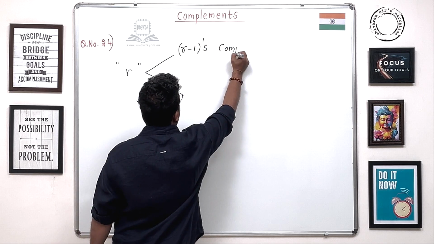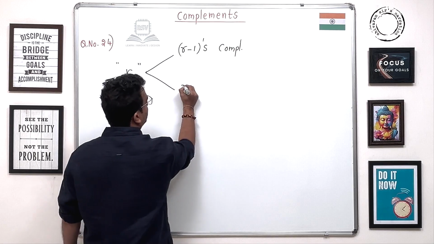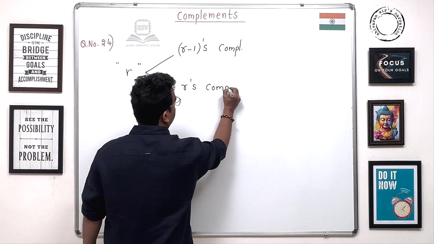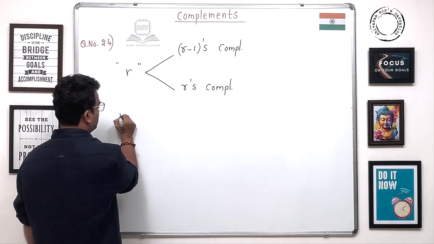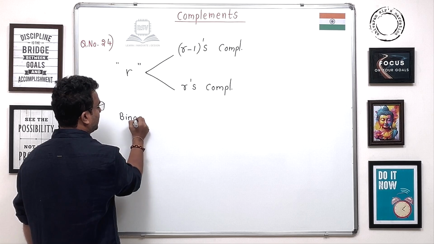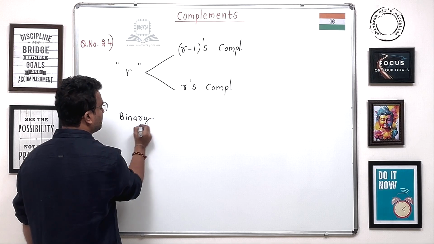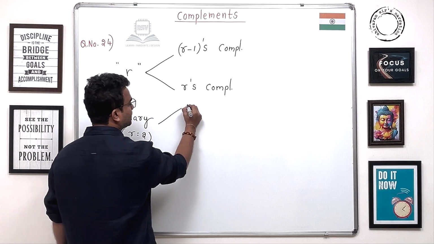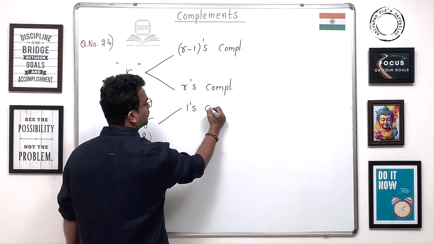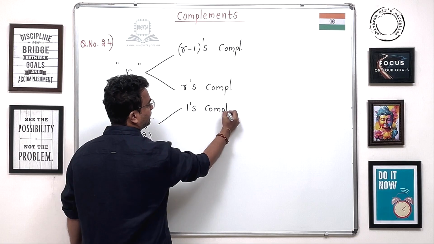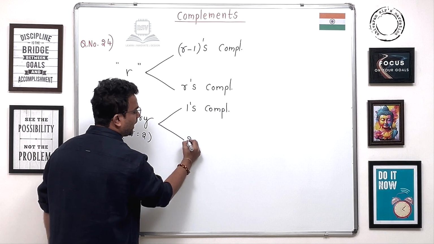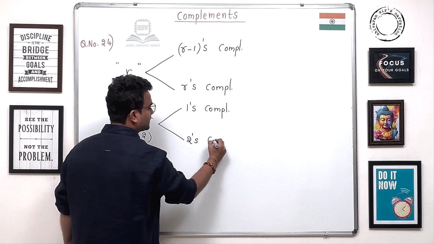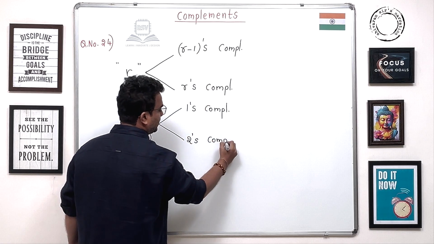For example, let us consider binary. Therefore, the radix value is 2. Hence, the binary number system has 1's complement and 2's complement, that is, 2 minus 1's complement and 2's complement.